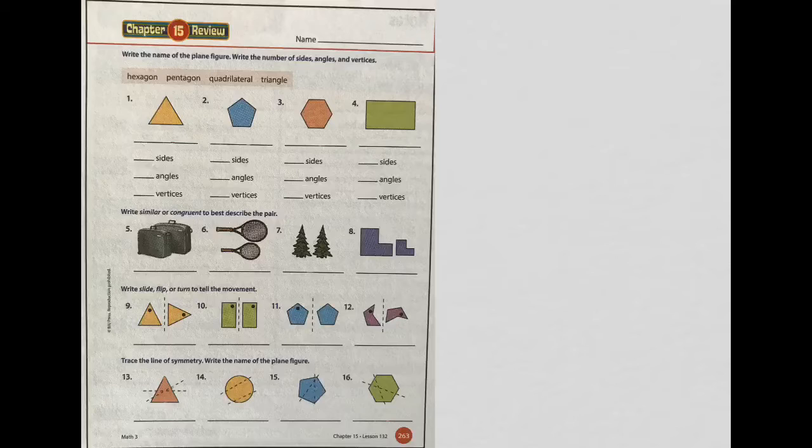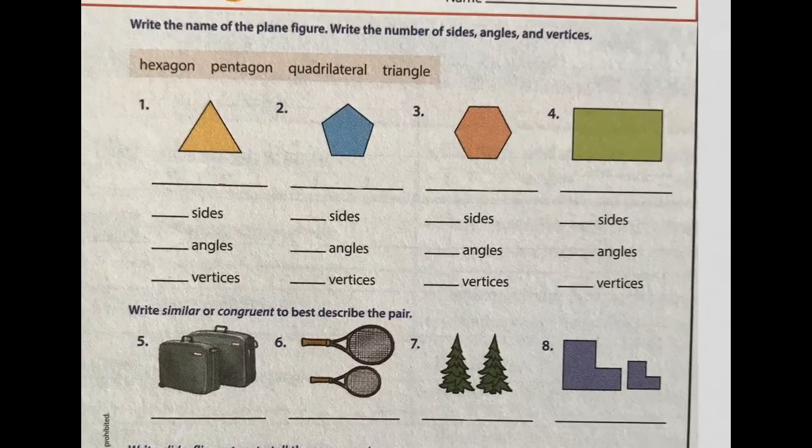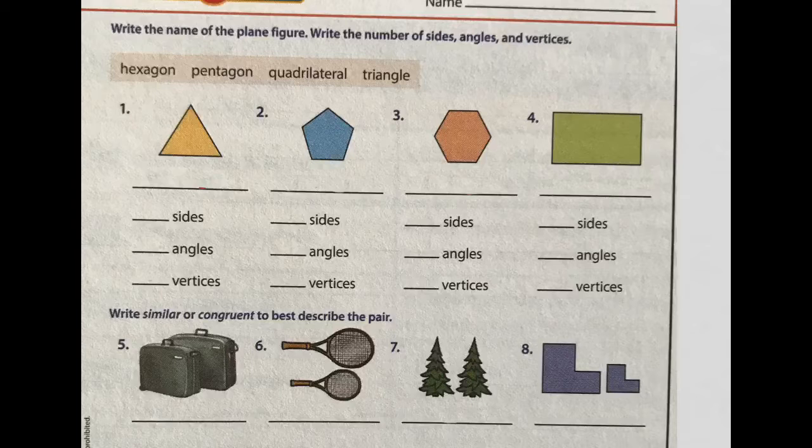All right, so make sure you have workbook page 263. For numbers 1, 2, 3, and 4, you are going to use the words in this peach box, the colored box.